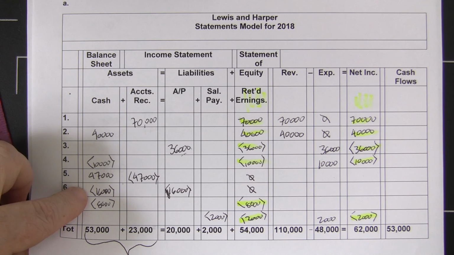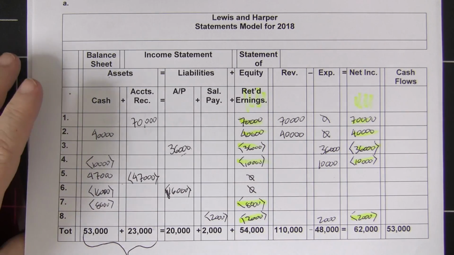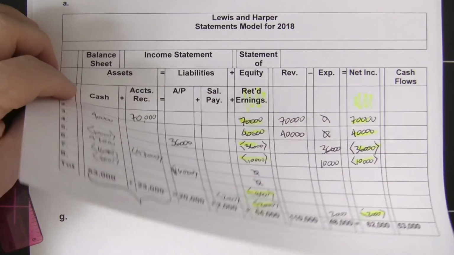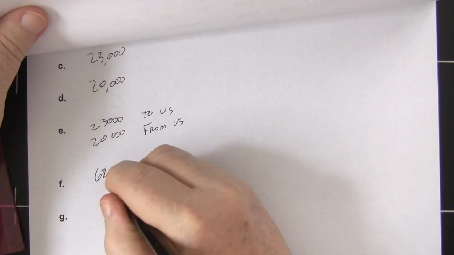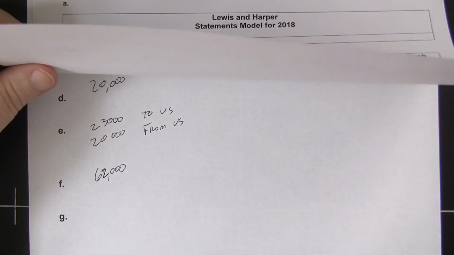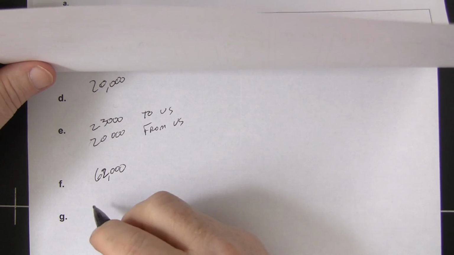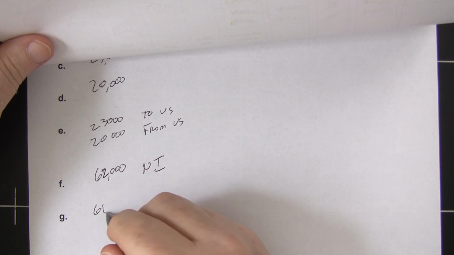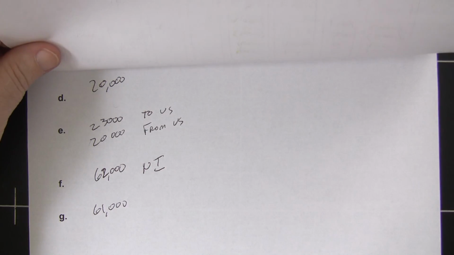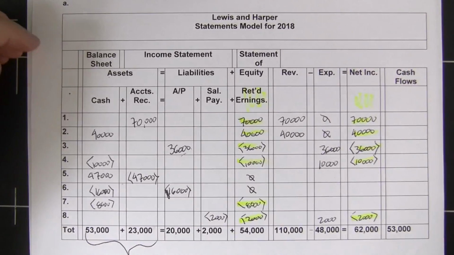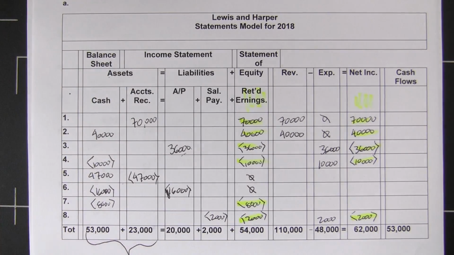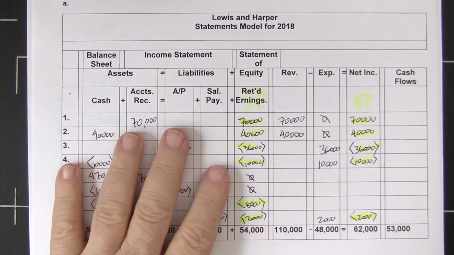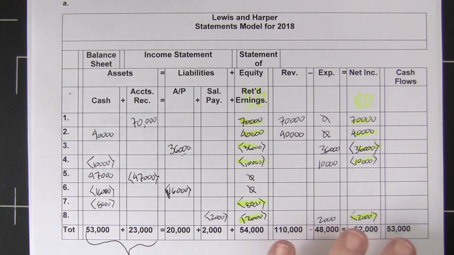So they're asking us for the balance before we pay the dividends, and that would be 61,000. This side's 62, I wrote 61. And that's net income is 62. And the cash account before dividends, 61,000. Kind of a long problem, but this was the hard part. You had to figure out where these pieces went, and once you did that, the following pieces were pretty easy.